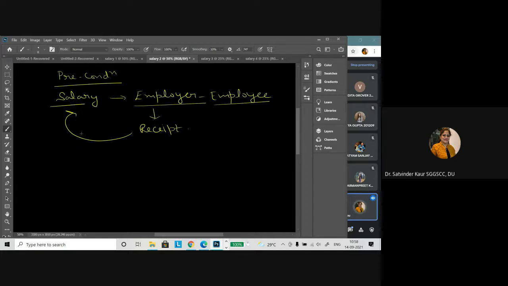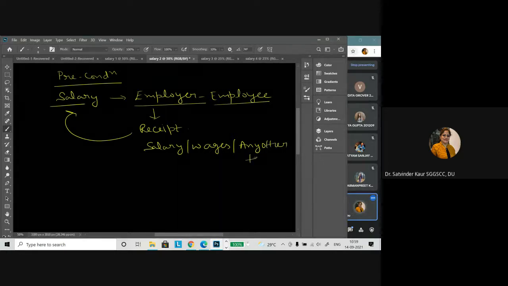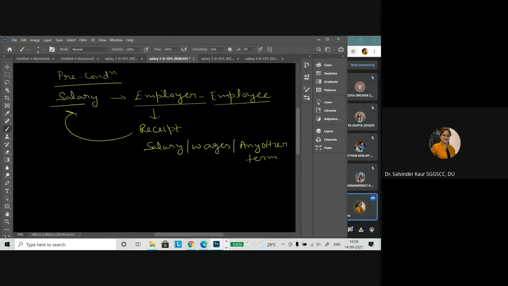Whether it is in the form of salary, wages, or named as any other term, this receipt received from the employer by virtue of the employer-employee relationship is going to be taxed under the head salary.